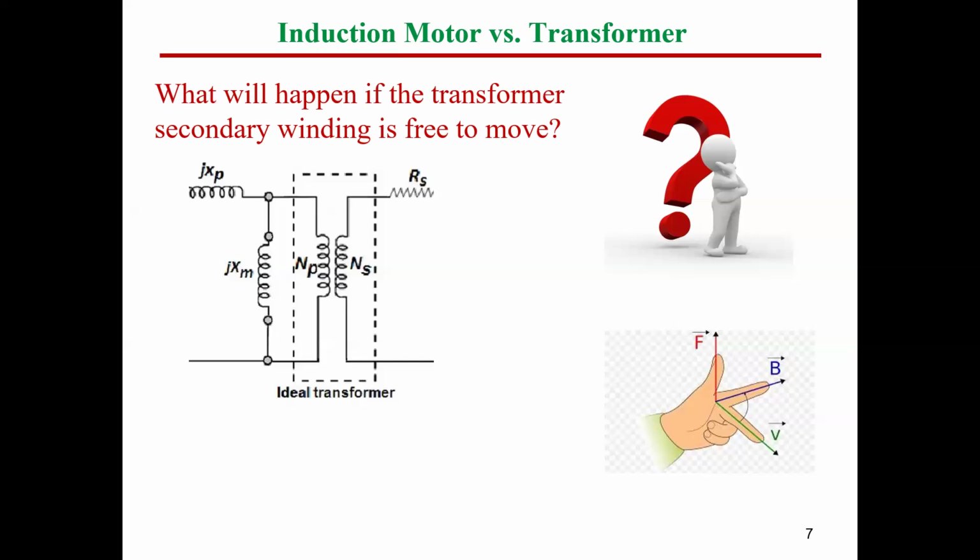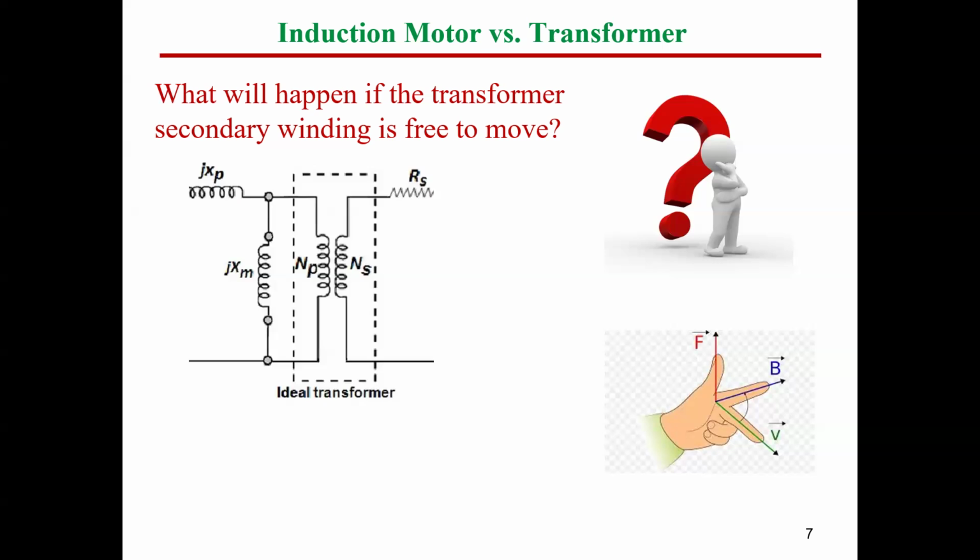But because the secondary winding of the transformer is wound around the same magnetic core, it's not allowed to move, so the secondary winding is not moving. But you have mechanical stress on the windings. For that, guys, the bushings of the transformer have to be checked from time to time.